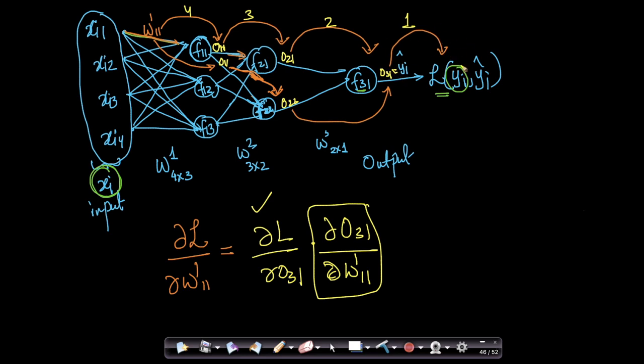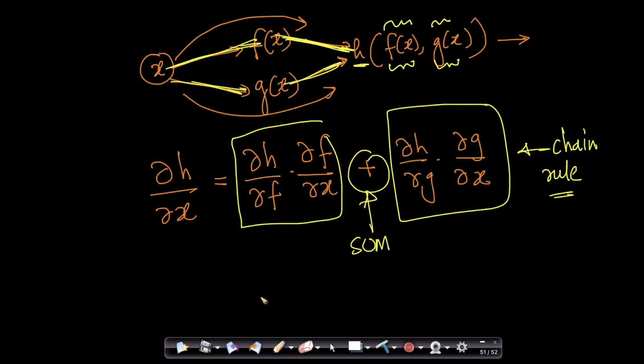Now, if you notice this step 1, let me actually write it. This is 1, 2, 3, and 4. Let me number this. This is 5, this is 6, and this is 7. This step 1 is common between both these paths. So what we have here is a slightly different structure from what we saw here.